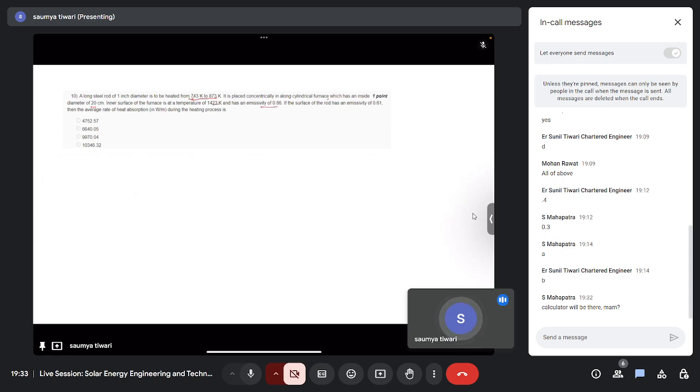If the surface of the rod has an emissivity of 0.61, then the average rate of heat absorption during the heating process will be. I request you all to solve this question, and then we'll discuss how later. I'll give some time, and then we'll solve this question.